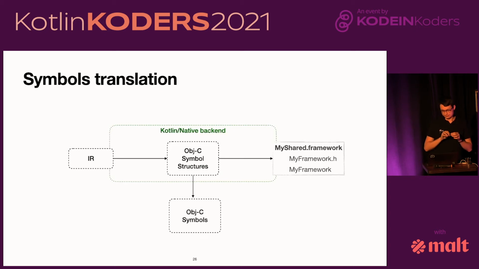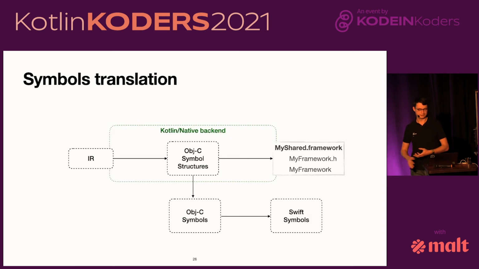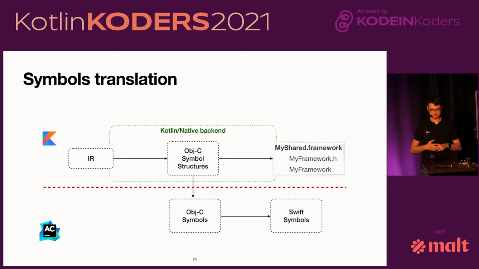So we just added one more layer of representation, and we use this layer, like these structures, for both, for generating final framework and for generating our Objective-C symbols. And from these Objective-C symbols, we are able to generate Swift symbols. And what is happening above the line, it's in Kotlin compiler, and below the line, it's AppCode and KMM plugin for AppCode.